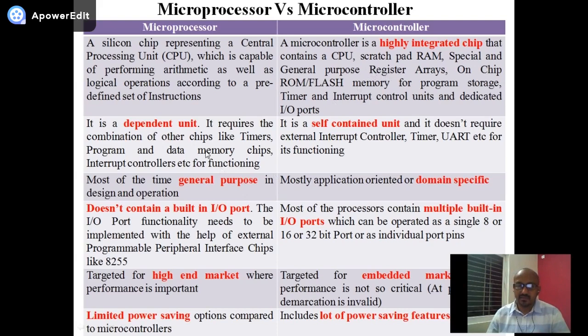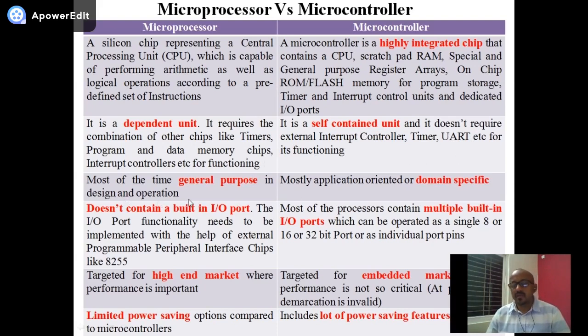The microprocessor is a dependent unit. It requires external circuitry. For example, timer, memory, everything we have to connect externally. The microcontroller is a self-contained unit; it does not require an external interrupt controller or timer, everything is incorporated within a chip.